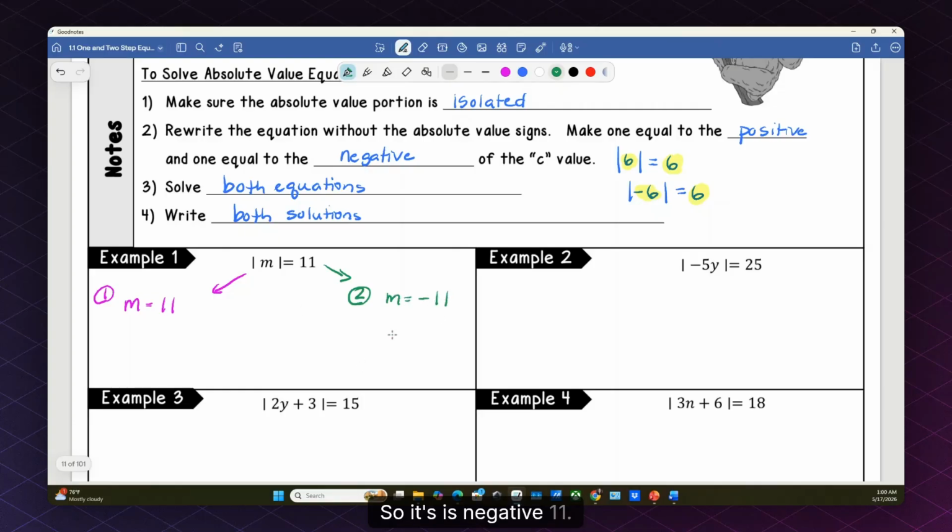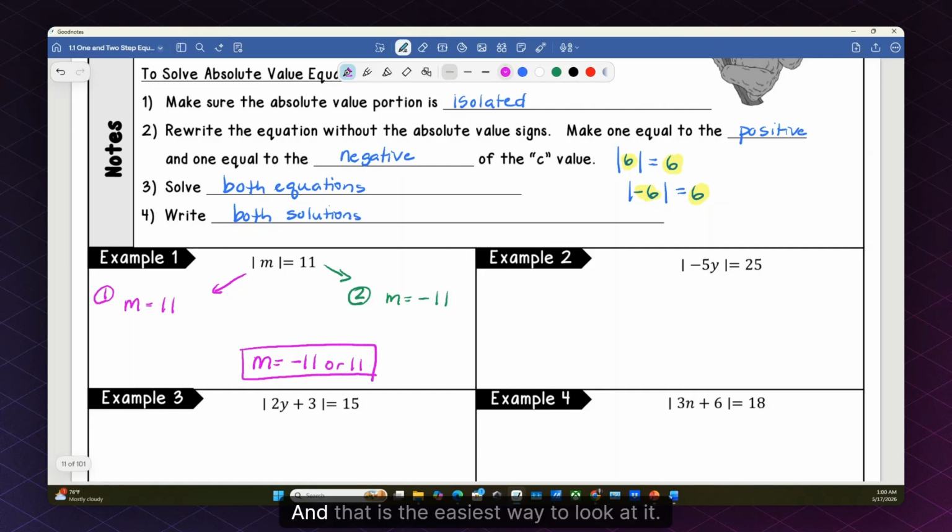So it's m is -11. And because this was already as simplified as it possibly could be, these are our two answers. There's nothing more that we need to do here. So I can just go ahead and write that down here at the bottom. M equals -11 or 11. And that is the easiest way to look at it.